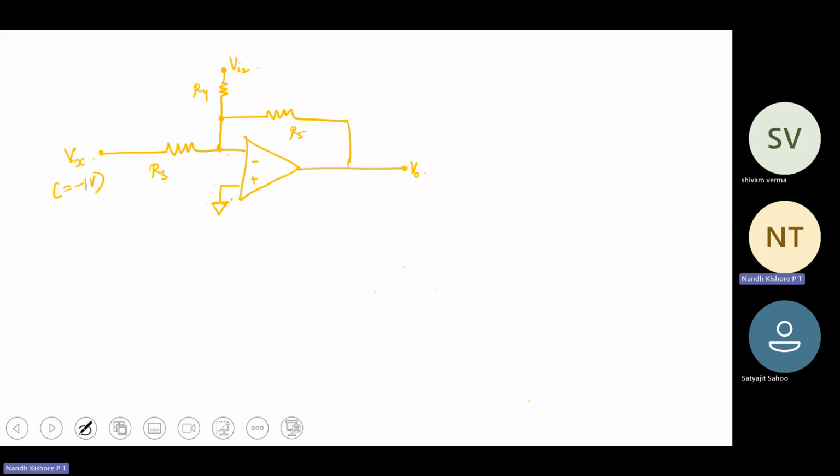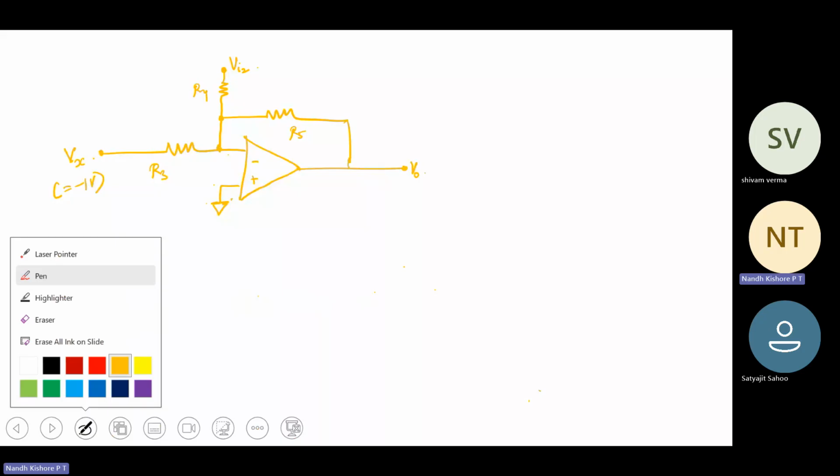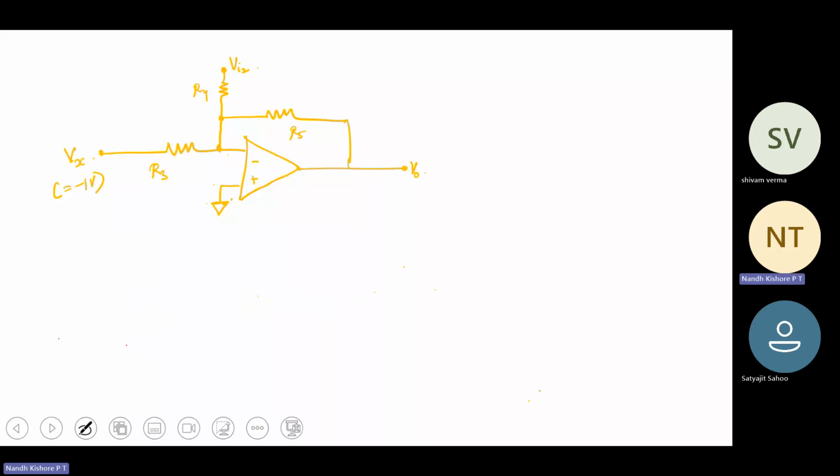Let's split it into two cases then. If it's only Vx alone, Vi2 equal to 0, there is no effect of R4 at all, correct? So if it is only Vx alone, then again this is a simple inverting amplifier.